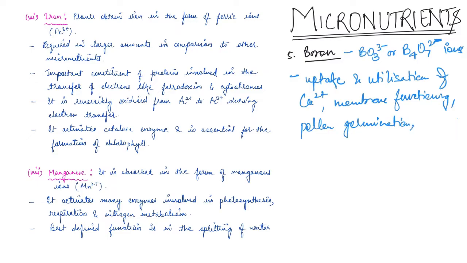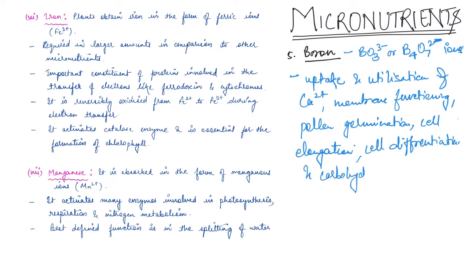It is also required for cell elongation, cell differentiation, and carbohydrate movement, translocation of carbohydrate. Very important points with respect to boron, guys. So you'll have to remember all of these.